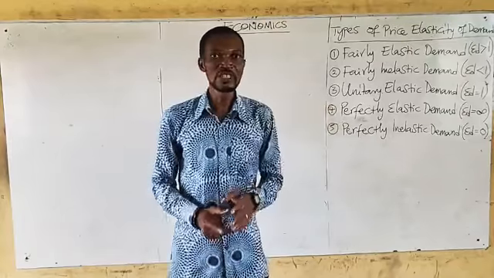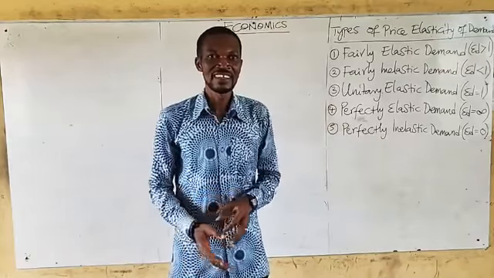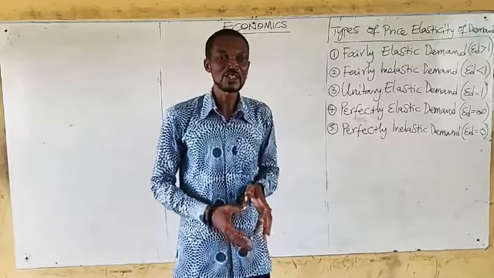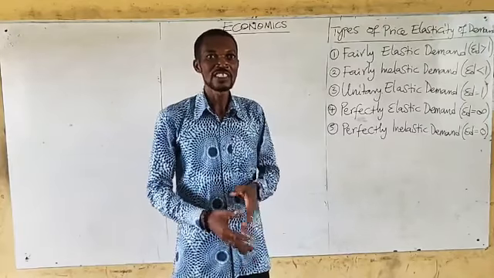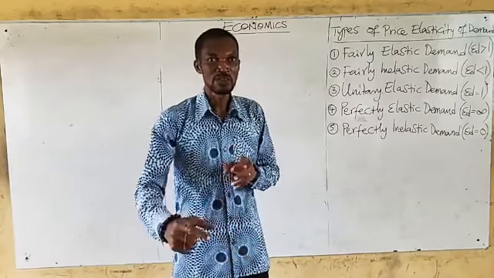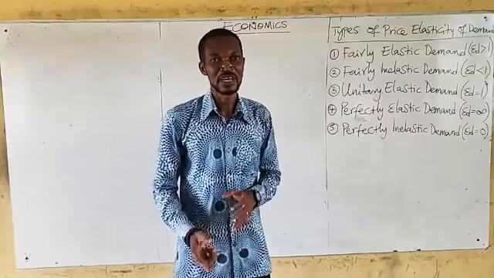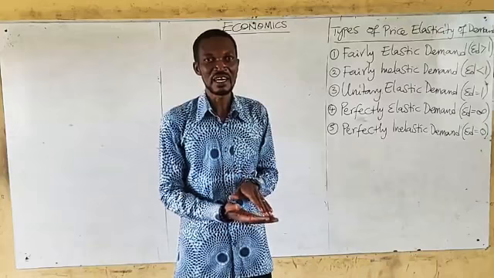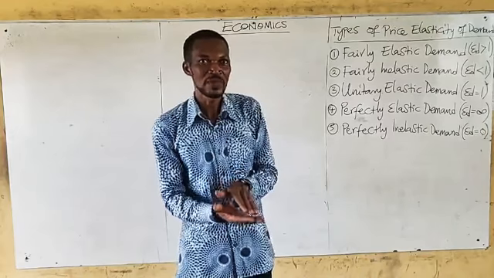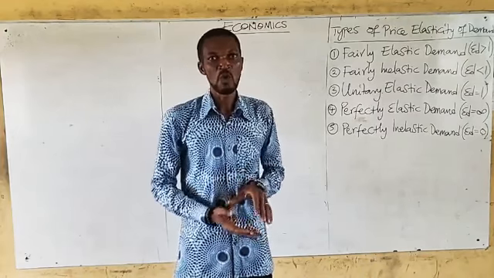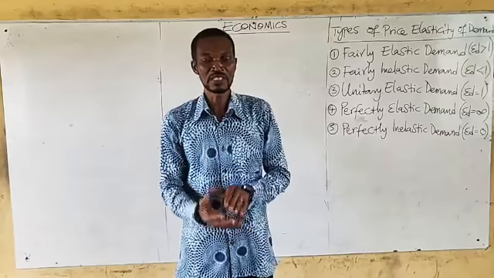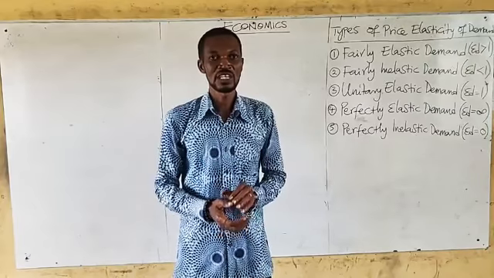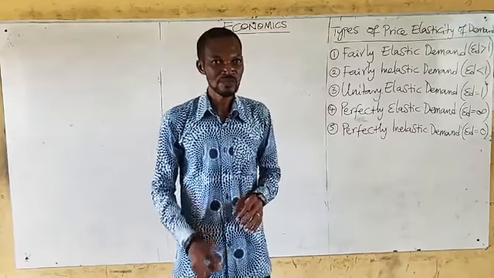Number 3, unitary elastic. This is when the percentage change in quantity demanded is equal to the percentage change in price. That means that when price increases by 20%, the quantity demanded will also change by 20%. So they are equal.